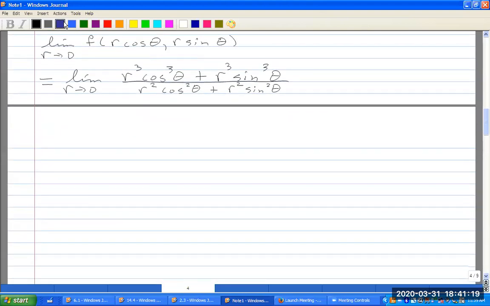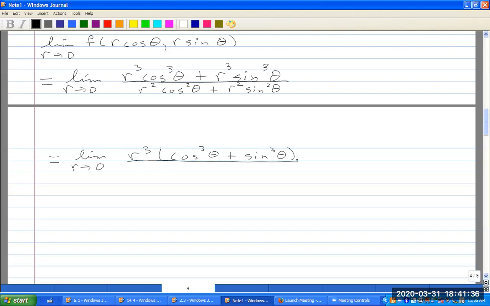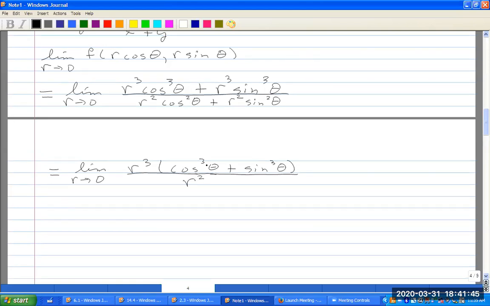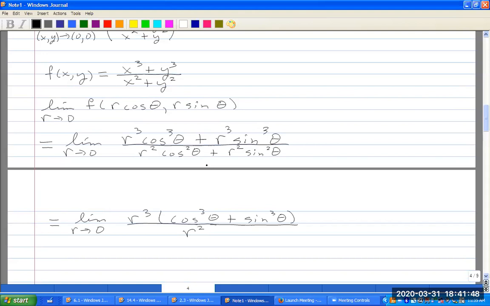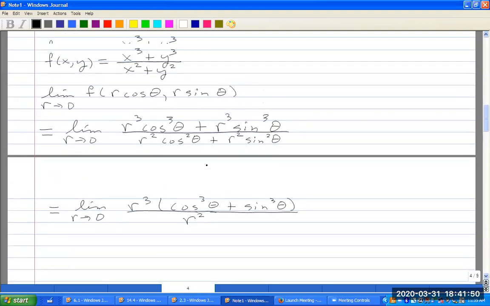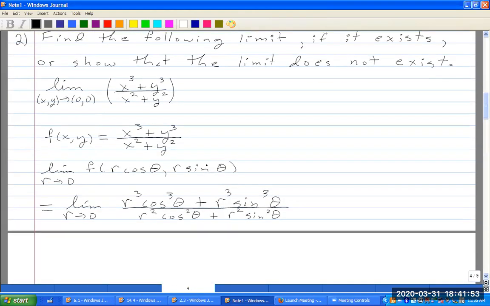I can factor out r cubed from the numerator to get cosine cubed plus sine cubed. And while factoring out r squared, I get cosine squared plus sine squared, but cosine squared plus sine squared is just 1.